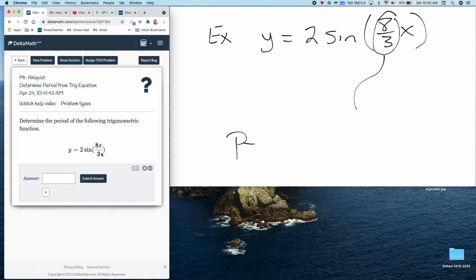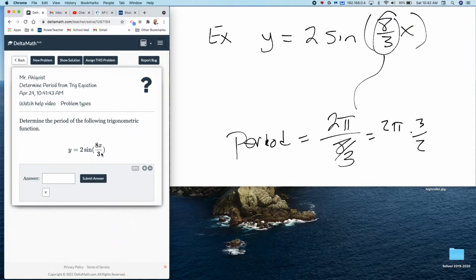So our period is equal to 2 pi divided by 8/3. I don't know if they'll let me put 2 pi divided by 8/3. They might, but remember that that's equal to 2 pi times 3/8, because you could multiply by the reciprocal, which is 6 pi divided by 8, and they're probably going to reduce it, but I'm going to try something.